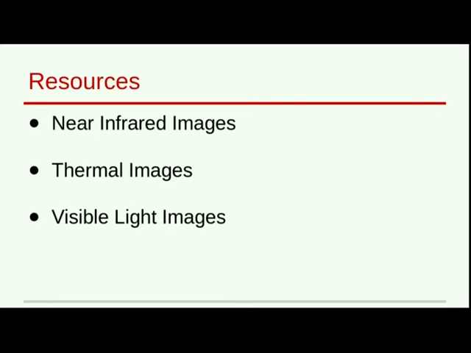We have thermal images, which can detect heat difference in the environment. And we have visible light images, which have the highest resolution. So far, we processed the near-infrared images and the visible light images. Now let's take a look at what we did with each type of images.